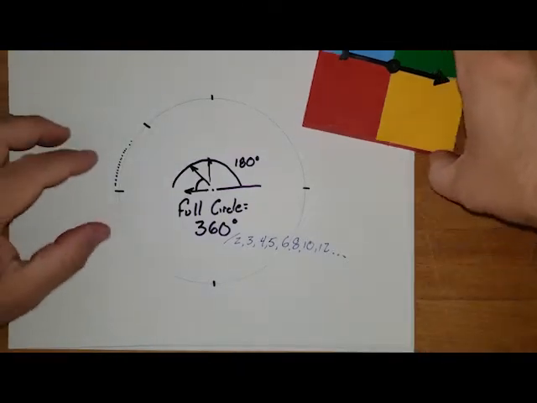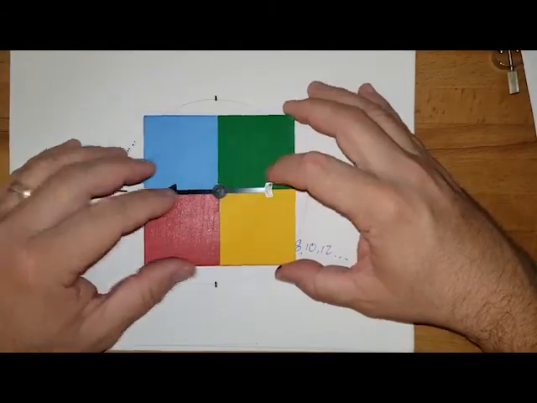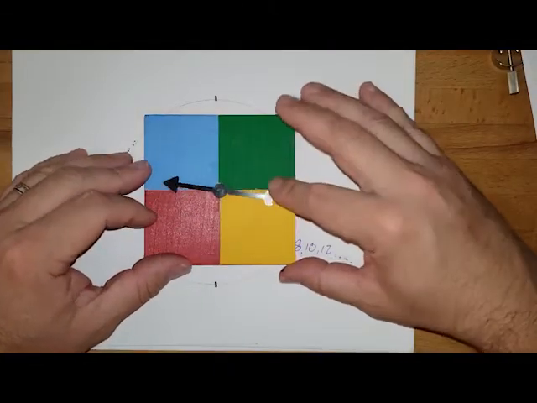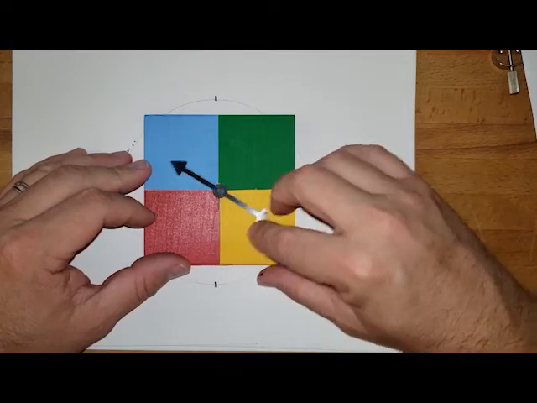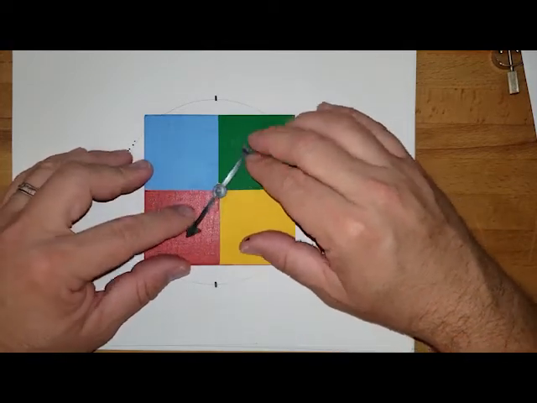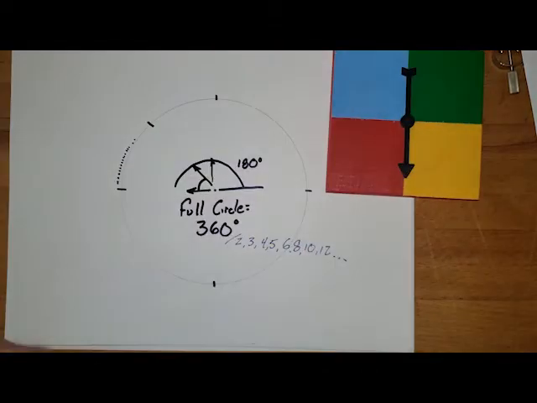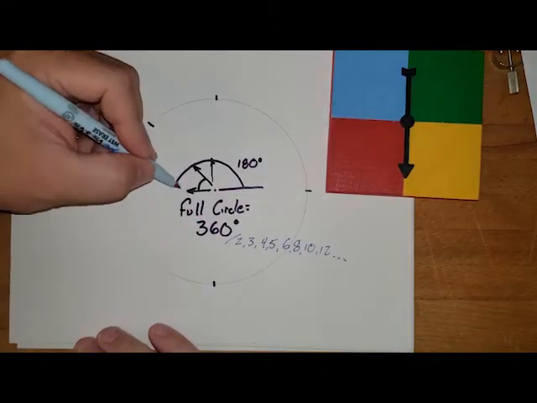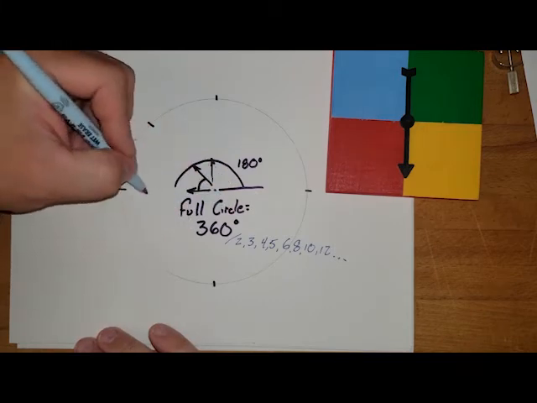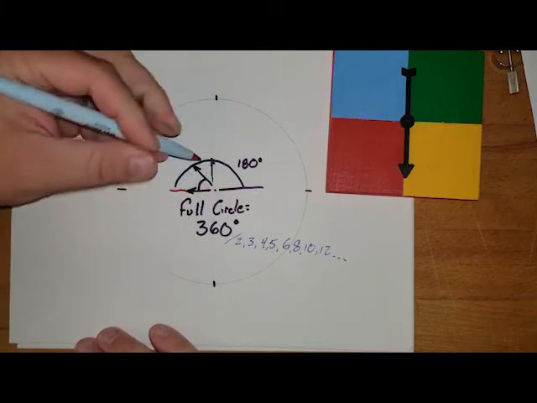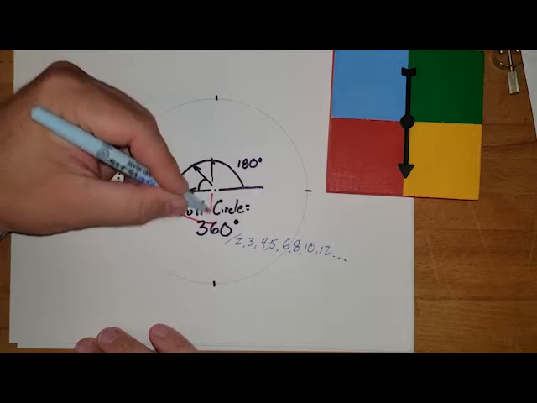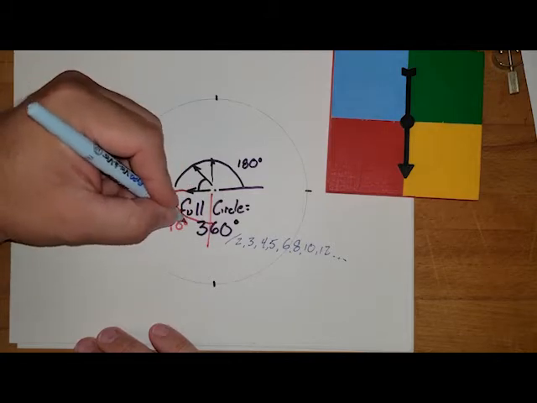Now, if we take 360 and we divide it into 4, let's say that we're going to be making a single turn that way, or maybe we're going to be turning 1/4 of a circle that way. 360 divided by 4, 1, 2, 3, and 4, is going to be going 90 degrees. Right?